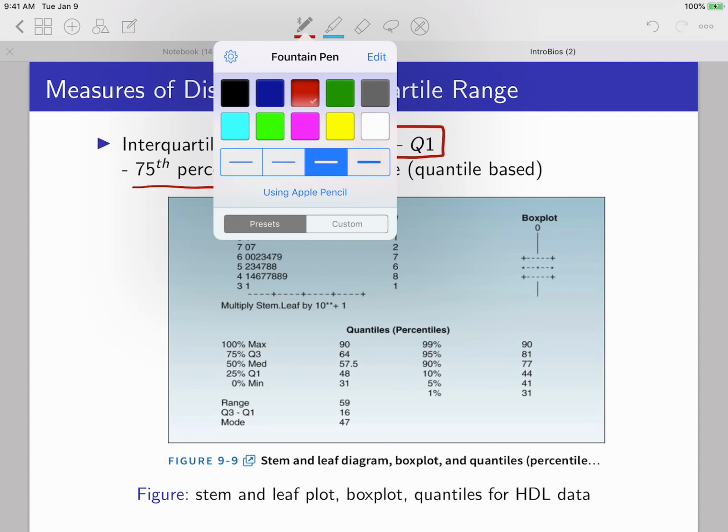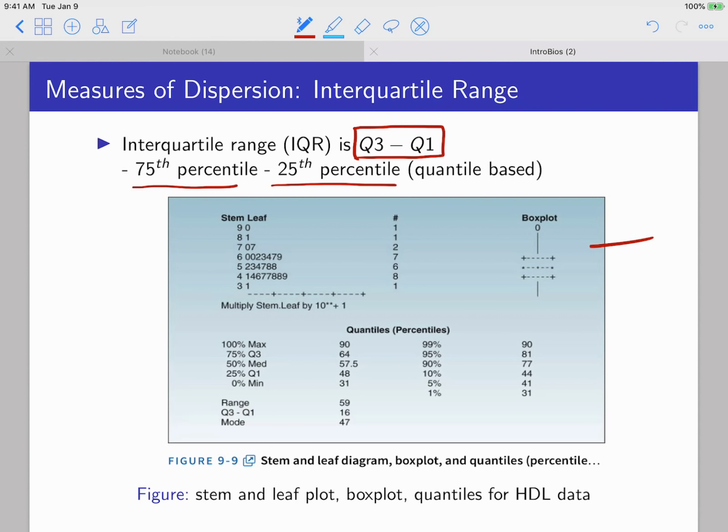What you have in this spot is the so-called box plot, and the box plot is made up of a few boxes and these so-called whiskers. So where do the boxes come from? This first box would be Q1, the data point denoting the 25th percentile, or the first quartile.